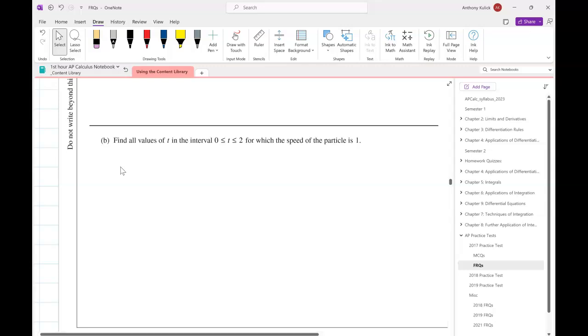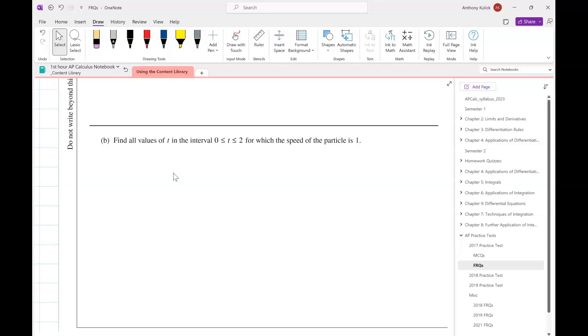So the next one says find all the values of t on the interval from 1 to 2 for which the speed of the particle is 1. What's the difference between speed and velocity? Velocity has a direction implied. If you're going 1 meter per second forward, your speed is 1.